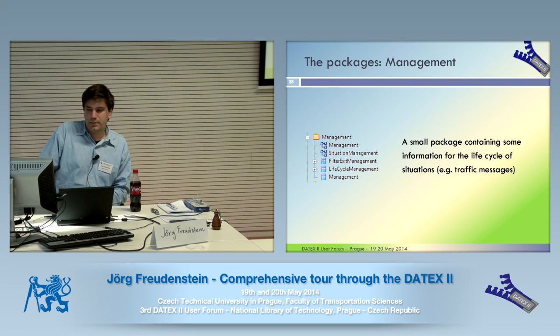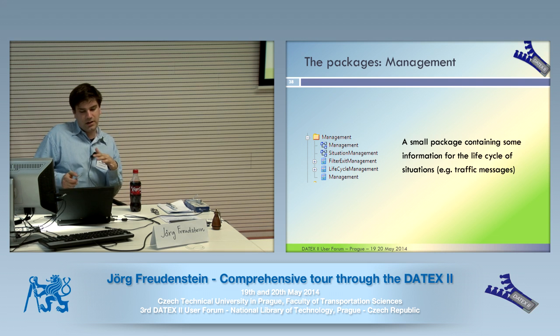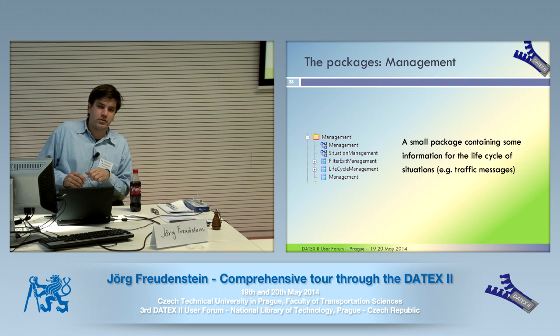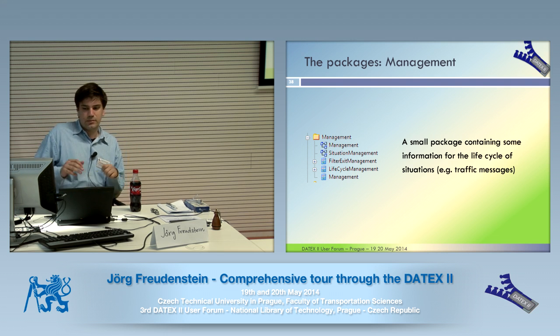We have a small management package which is used for the life cycle of situations. That means here you can say a situation is something like a traffic message, and here you can say when it is not valid anymore, when it is cancelled, when it is overridden. Usually Datex has a principle to only send valid information and to send all valid information. Also when talking about traffic messages, the principle is to send all valid traffic messages in one vector maybe.